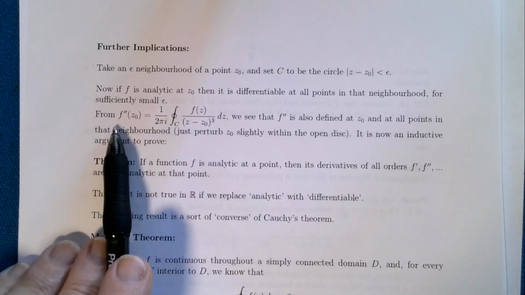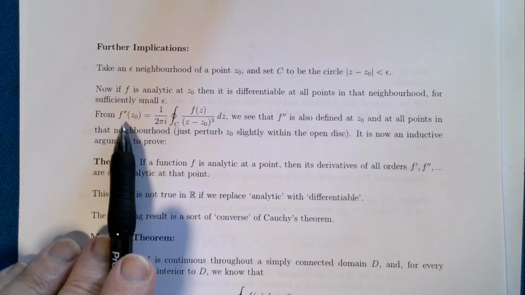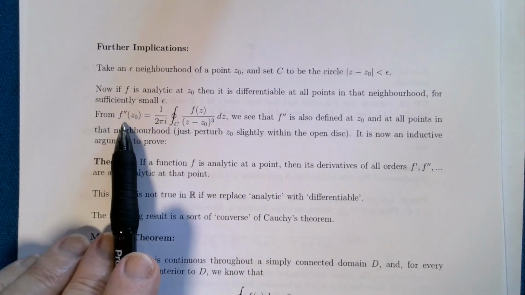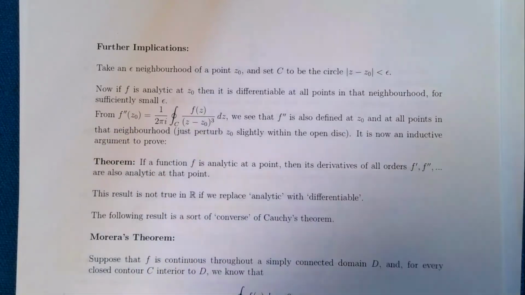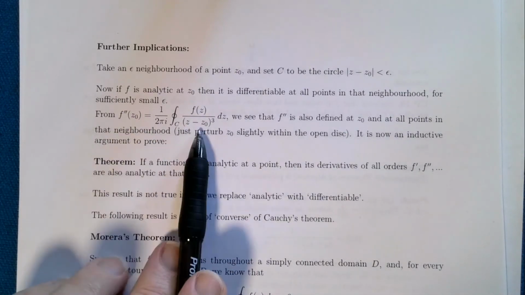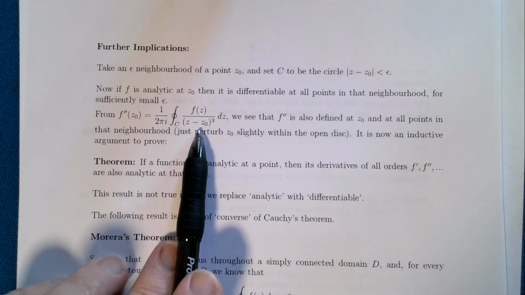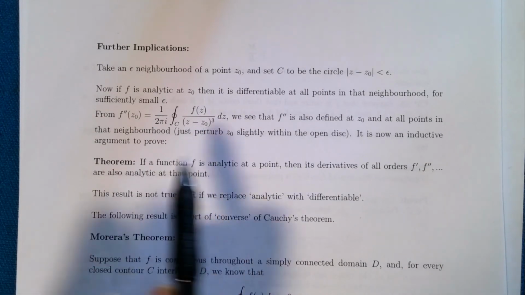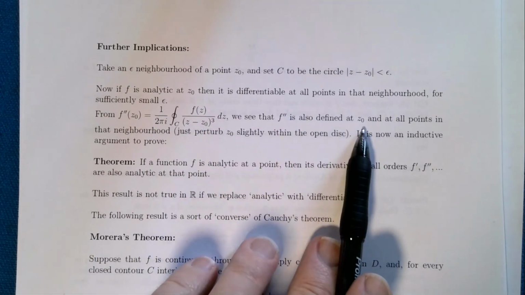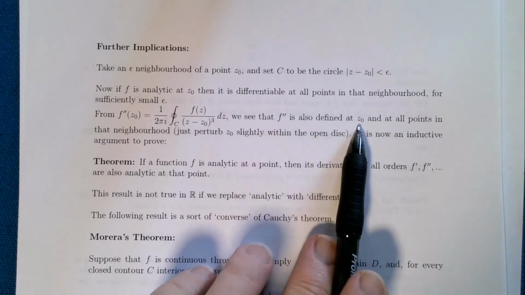Now, using the Cauchy integral formula, the generalized version with n equals 2, we can write down this expression for the second derivative. And we can see from that then that f double dashed is also defined at z0. So if f is analytic at z0, then f double dashed is defined at z0.